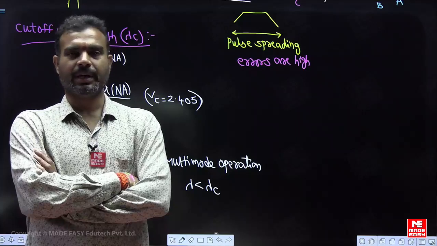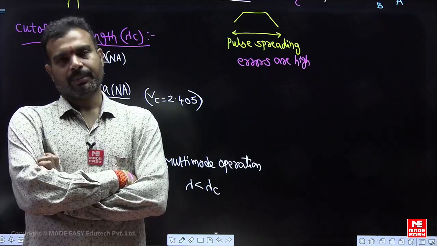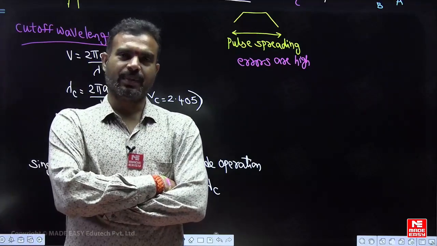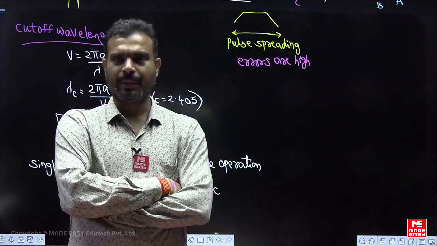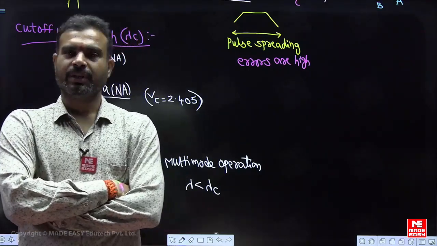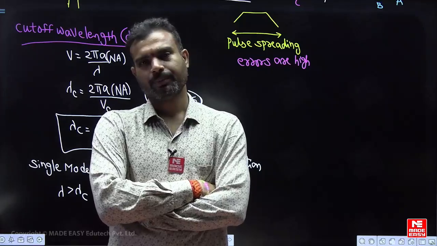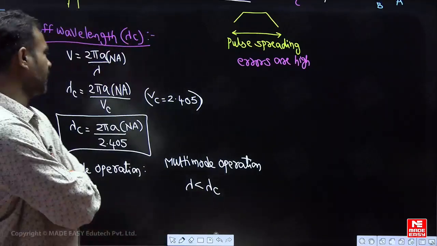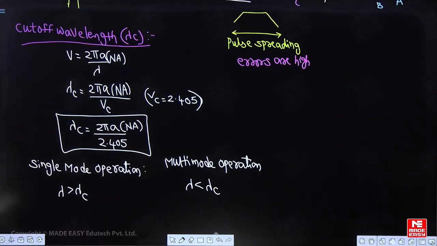One is called step index and the other is called gradient index fiber. In step index we have two types of fibers, SMSI and MMSI, and we discussed them. This is completely about our step index fibers. I discussed all the points, and please copy this one about the operating wavelength also.